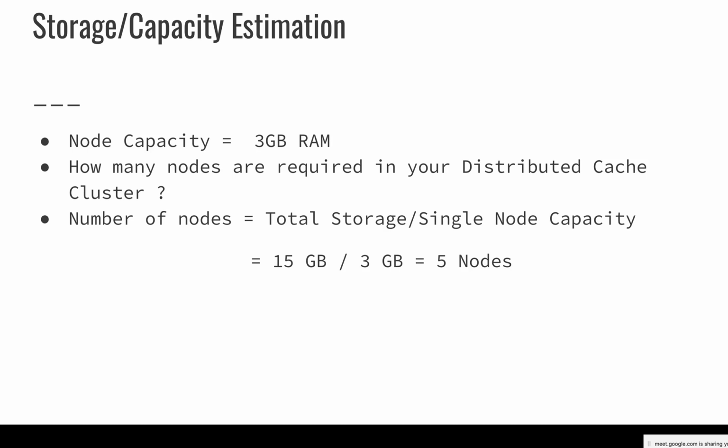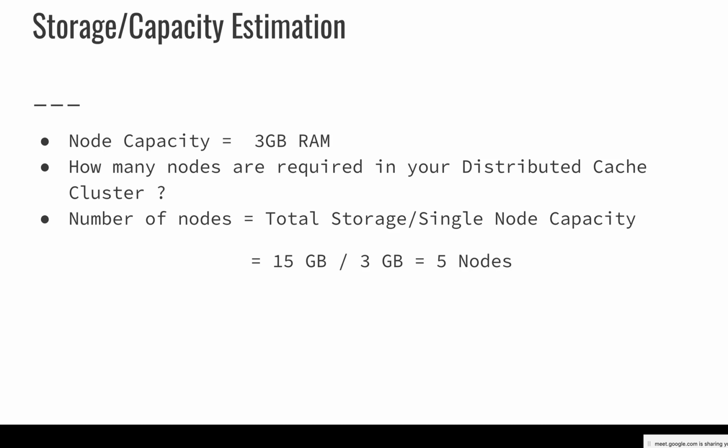Now let's go through this calculation. It's pretty simple and quite straightforward. Now I want you to estimate the number of nodes that you are going to require. Let's suppose one particular node or server in our distributed cache system has 3 GB RAM, and we know that the total storage requirement is 15 GB. So how many nodes are we going to require?